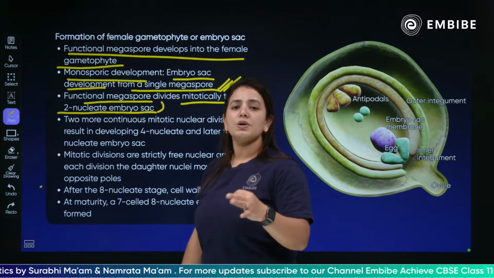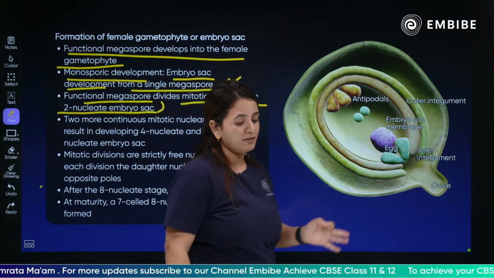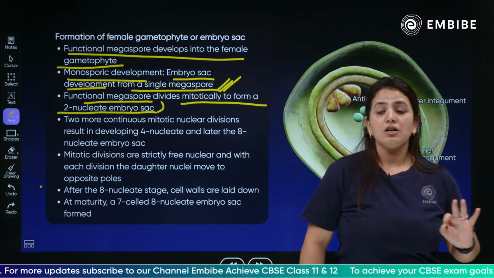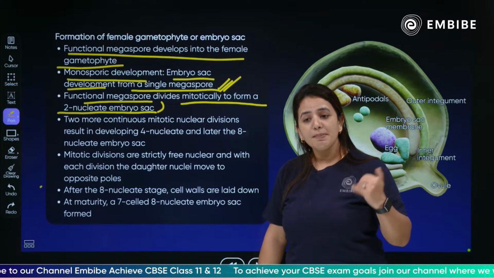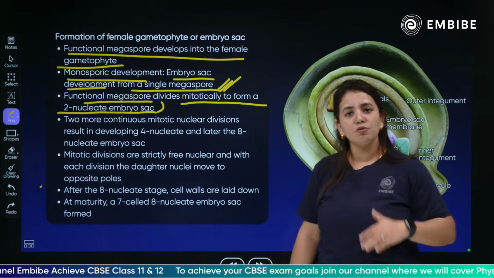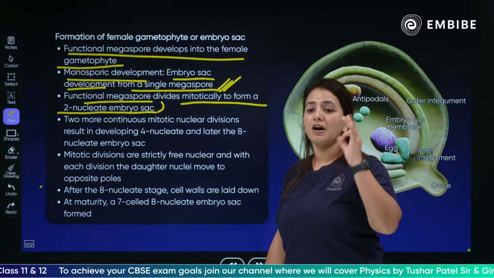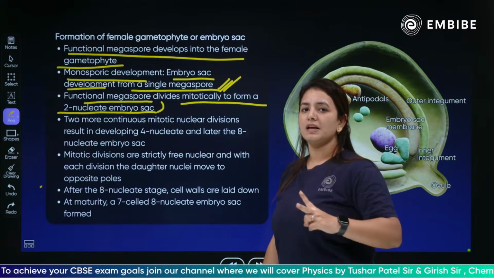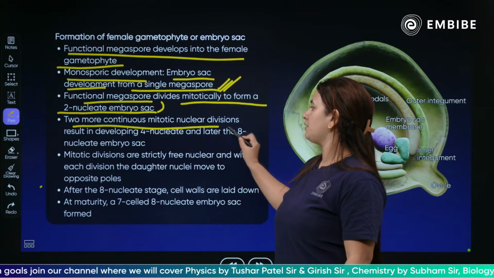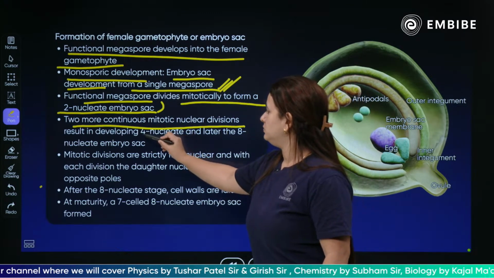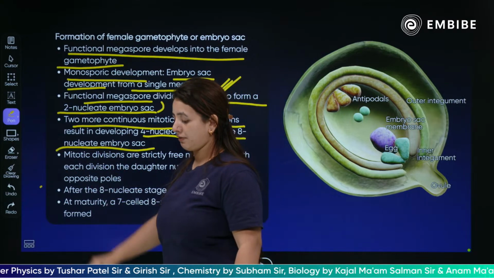The division taking place inside the megaspore is mitotic, not meiosis, because it is already taking place inside the female gametophyte. So after the first mitotic division, the 2-nucleated stage is formed. Then 2 more mitotic nuclear divisions will create the 4-nucleated stage, and later the 8-nucleate embryo sac will be formed.